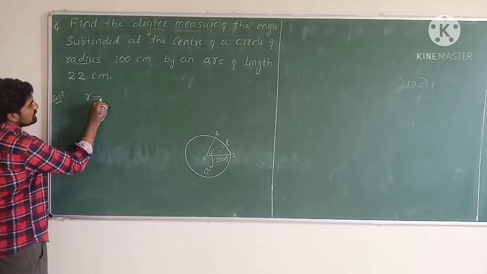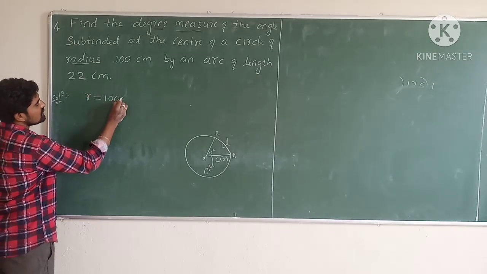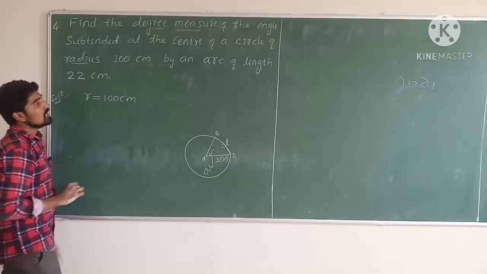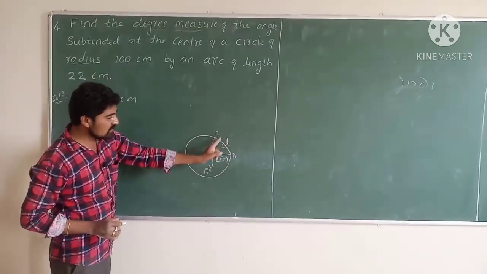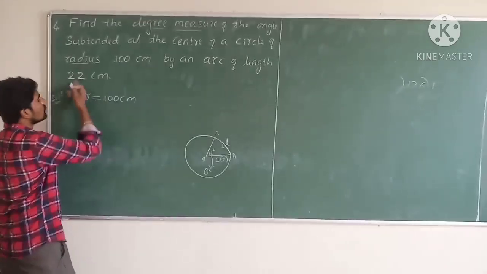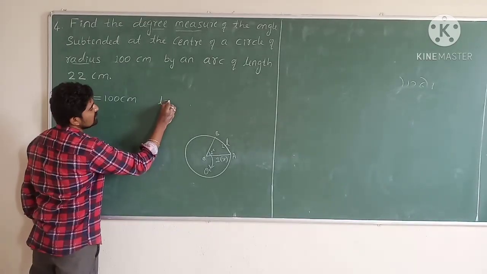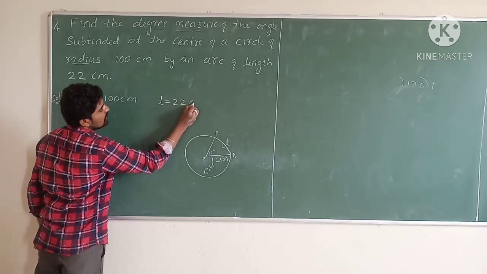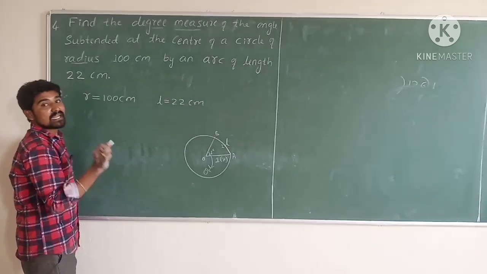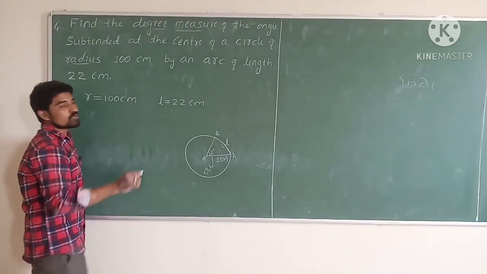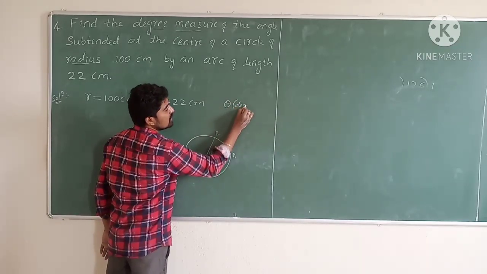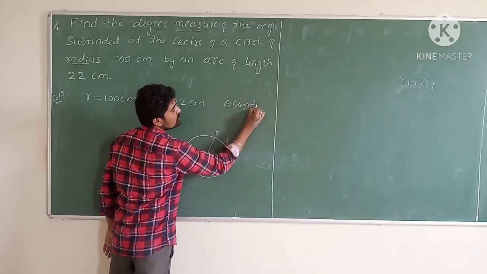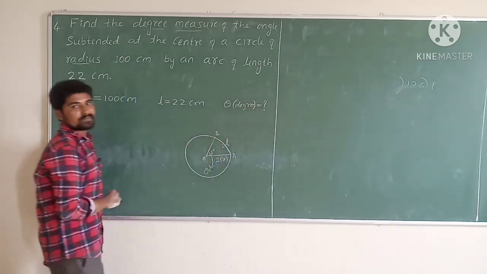Therefore the radius of the circle is equal to 100 cm. The r value is given, and the arc length L is given as 22 cm. L is equal to 22 cm. What is asked? The angle is asked, and the angle should be in degrees. That is the question.